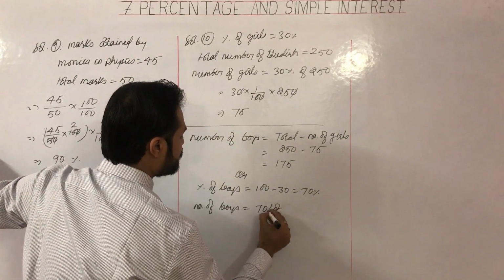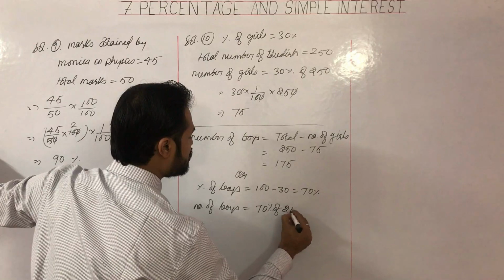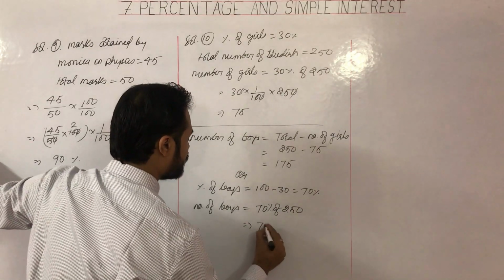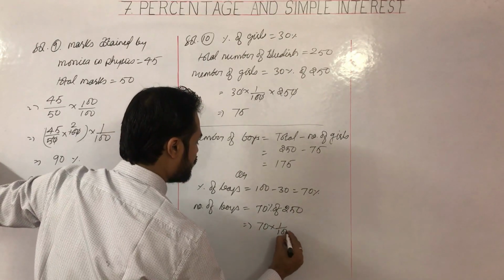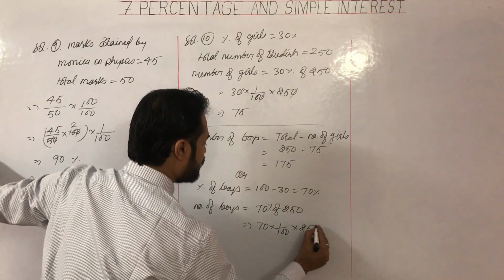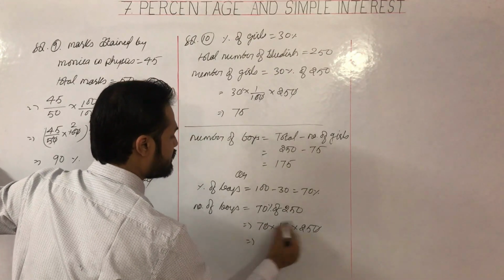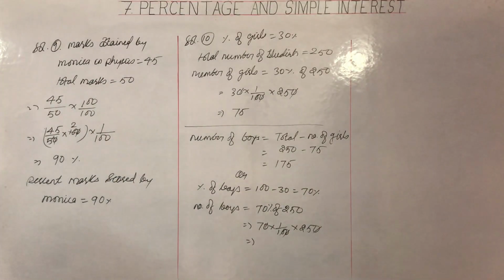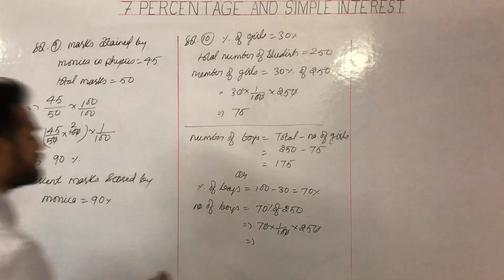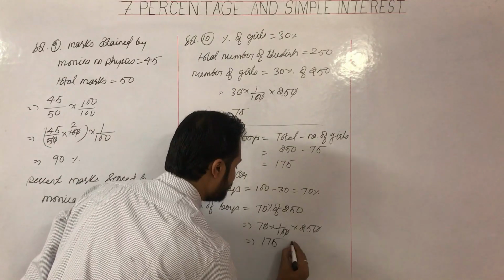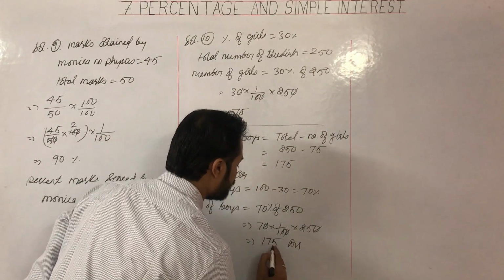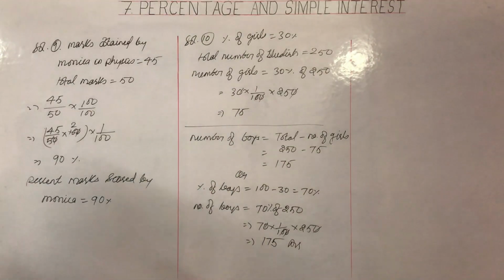So 70% of total 250, 70 1 by 100 into 250. So again, and 7 into 25. 7 into 25 is also 175. So ultimately the answer is 175. Number of boys 175. Number of girls 75.